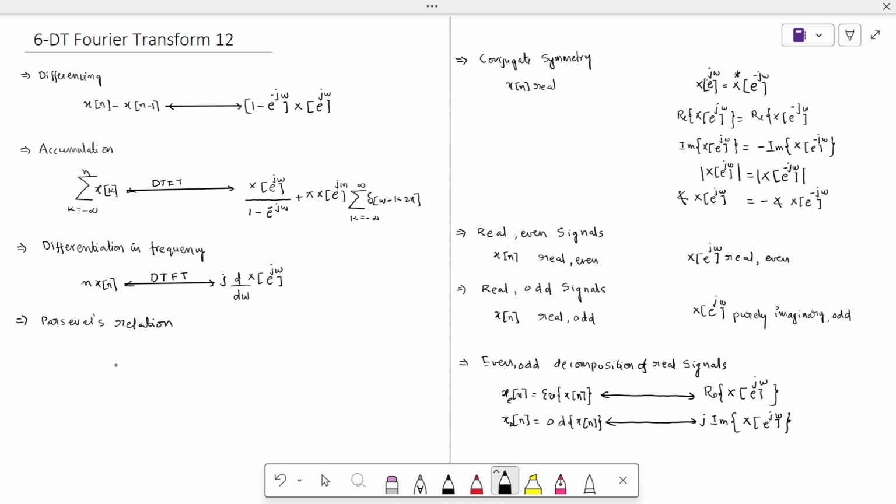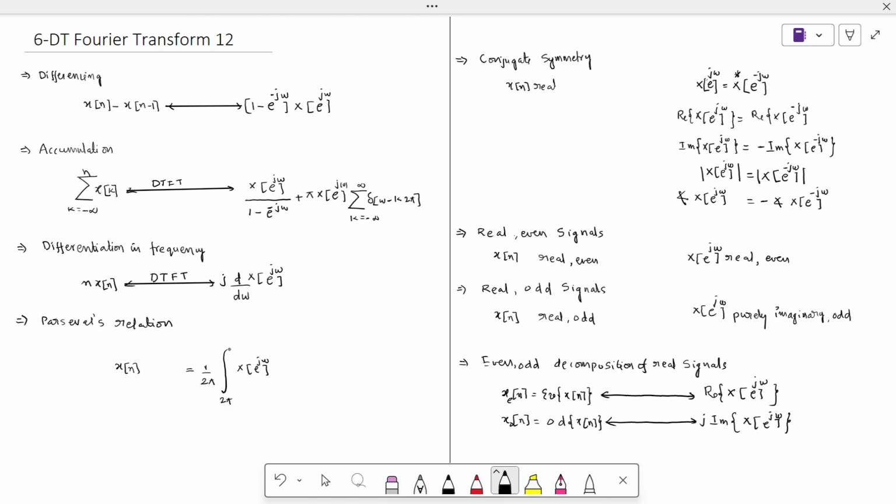So on the left side I'm taking x of n, and on the right side x of e power j omega. First write down the x of n formula. The x of n formula is 1 by 2 pi integral over 2 pi.